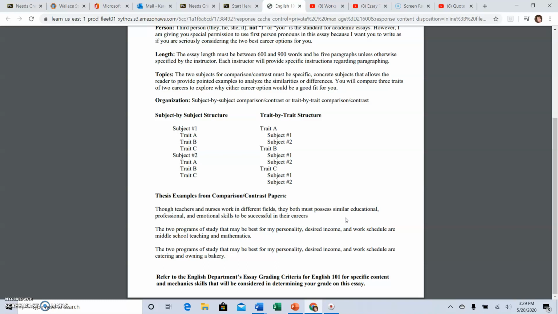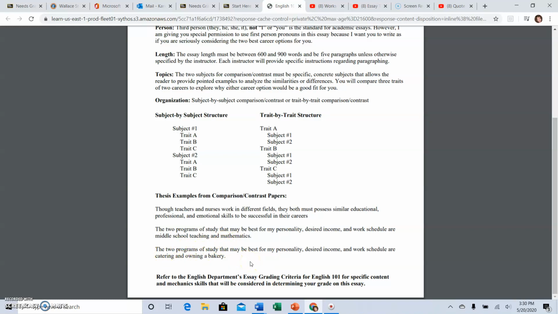Don't swap around pronouns in the middle of a sentence particularly, but even within a paragraph, it can be really awkward for a reader if you start switching perspectives, which means you're switching pronouns. The last 2 are pretty much the same. They just switched out the different careers. So the 2 programs of study that may be best for my personality, desired income, and work schedule are middle school teaching and mathematics. So that is very similar, almost identical to this one.